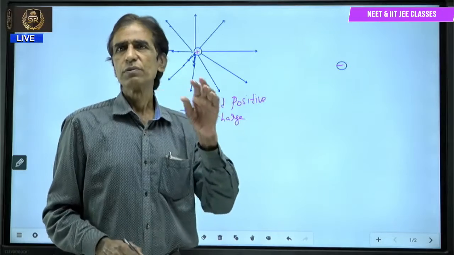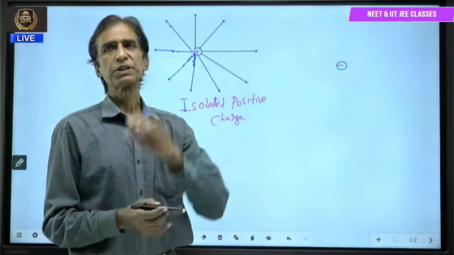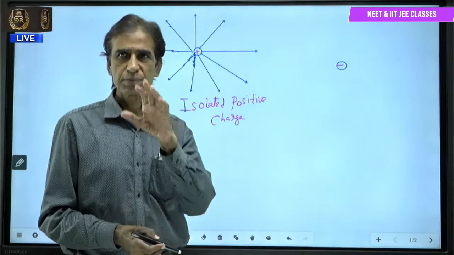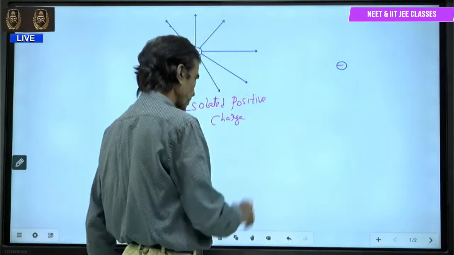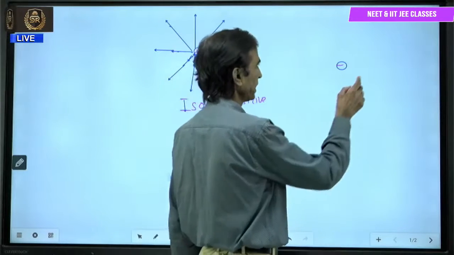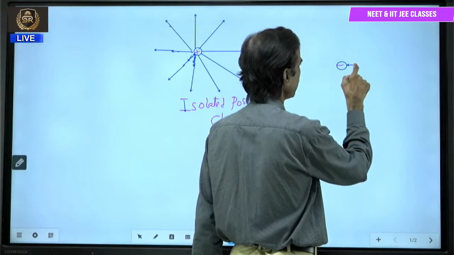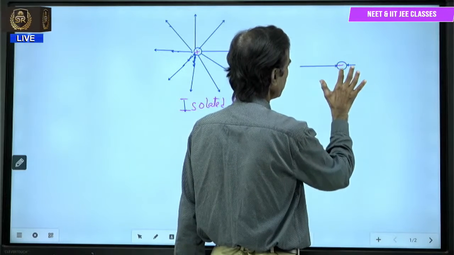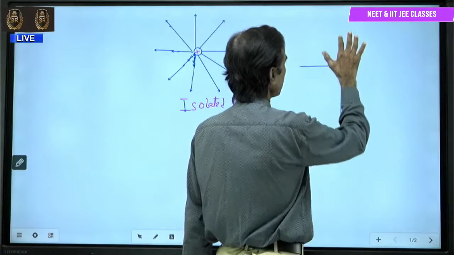Now we know the electric field for a negative charge is toward the negative charge. Therefore, when we draw the field line, the line should be toward the negative charge, like this. So here also it is towards the negative charge, here also, and here also.